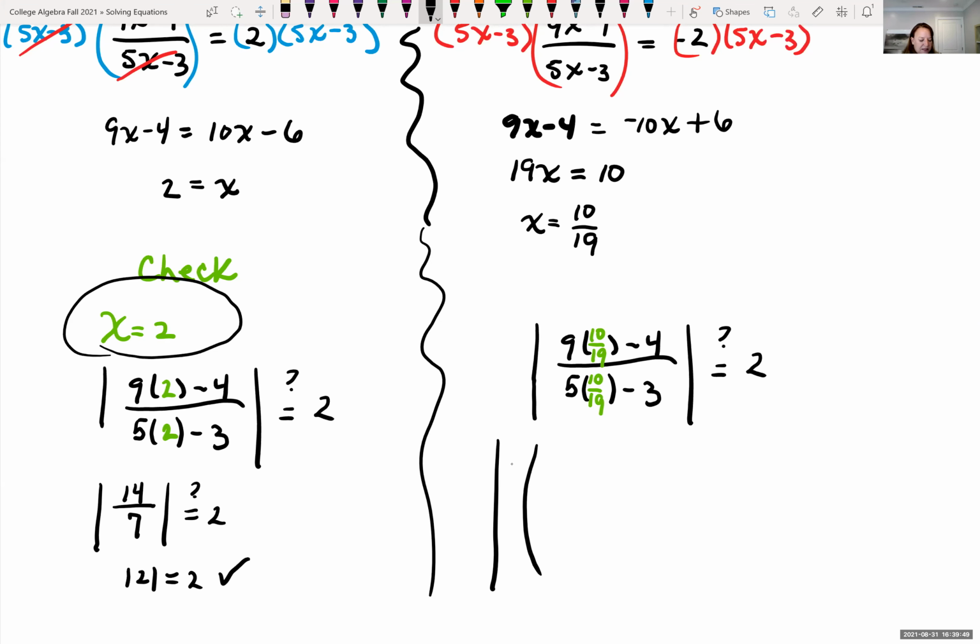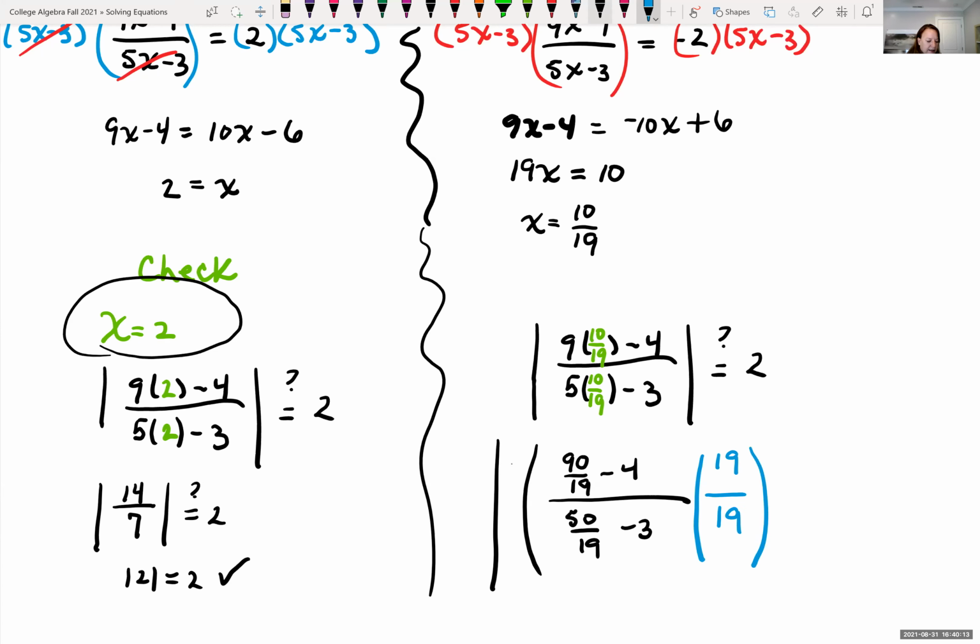I'm going to just rewrite this a little bit because 9 times 10/19 is the same thing as 90/19 minus 4 all over, and I'm going to rewrite 5 times 10/19. This is 50/19 minus 3. So let's multiply both the numerator and denominator by a fancy one. And our fancy one in this case is 19 over 19.